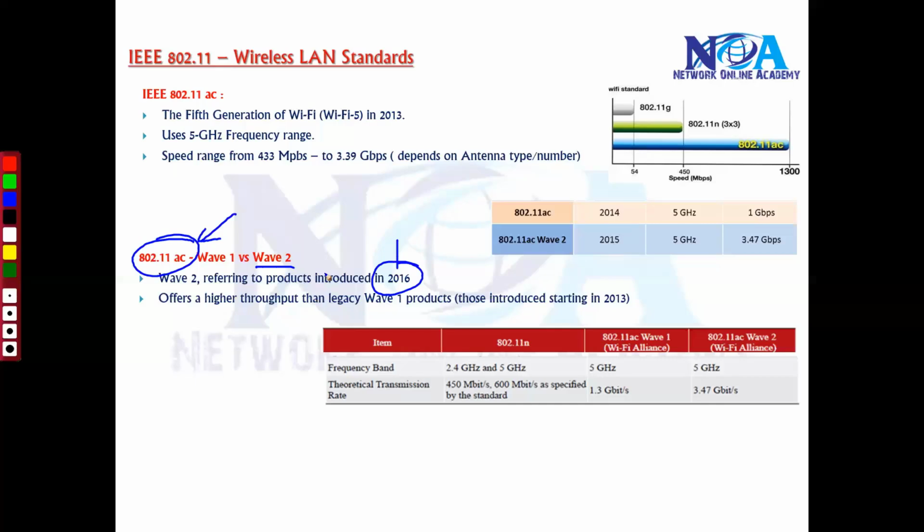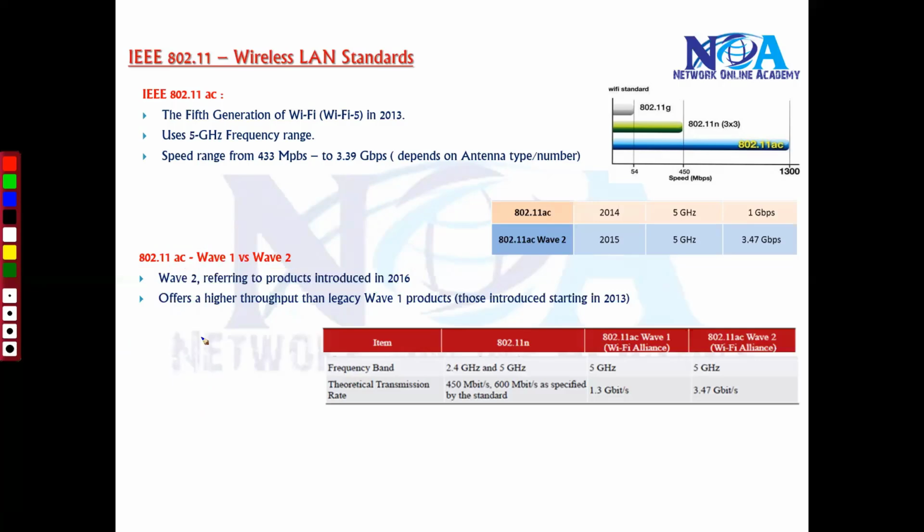Now Wave 2 supports plenty of devices, whatever was introduced from 2016, as I said. The distance it supports will vary again. It can be like 70 meters or 35 meters or 33 meters, so it totally depends upon the type of device and the antenna you are using.